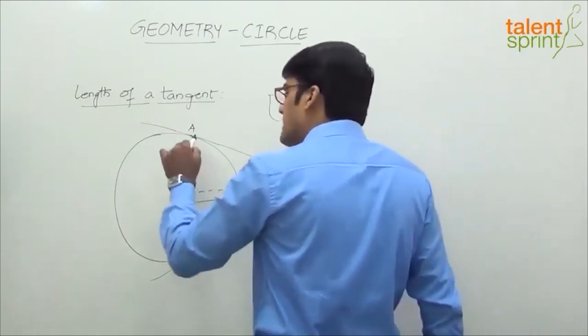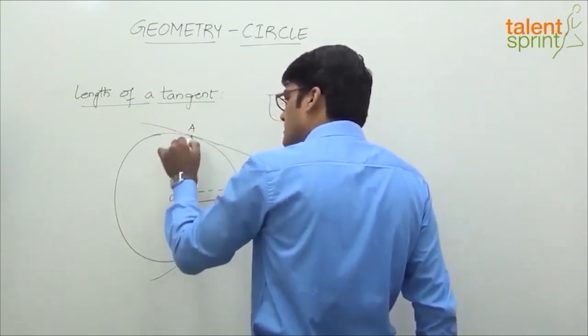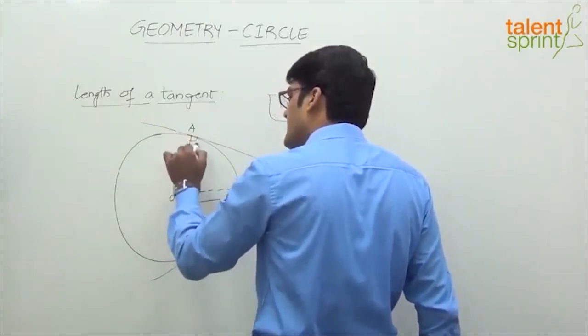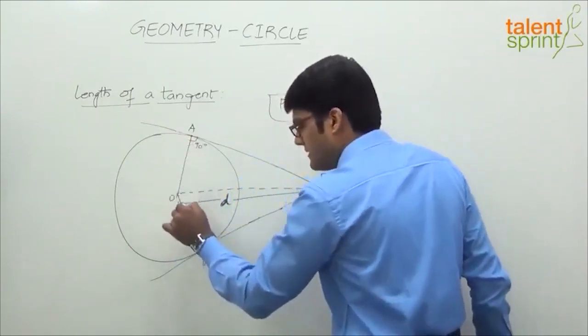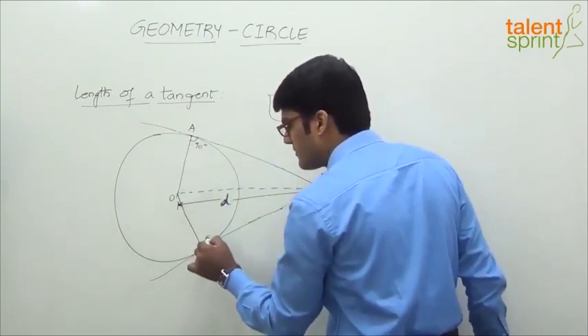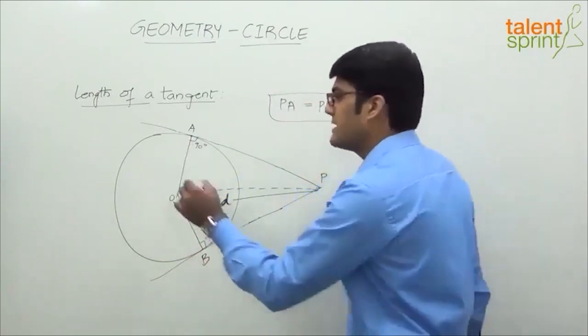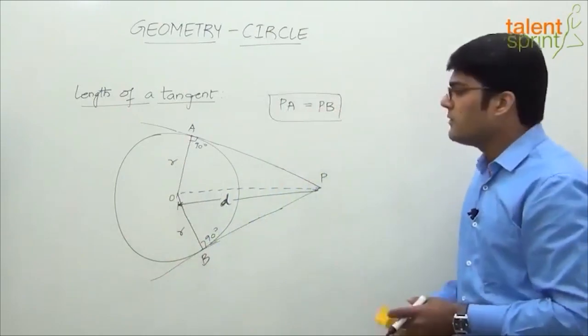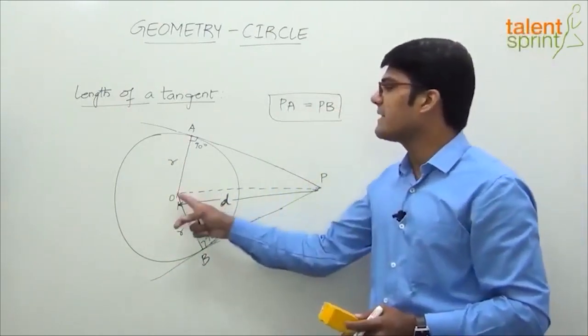Now we know that the radius and the tangent make an angle of 90 degrees at the point of contact. So this angle is 90 degrees. Likewise, this angle here is 90 degrees. This is the radius R, and this also is the radius R. Now if you really look at it, we have two right angle triangles.